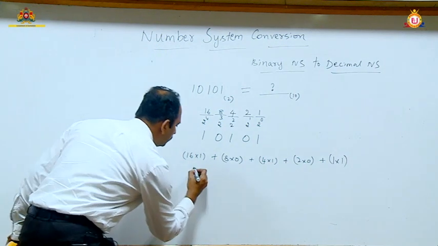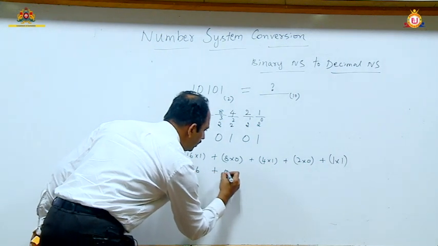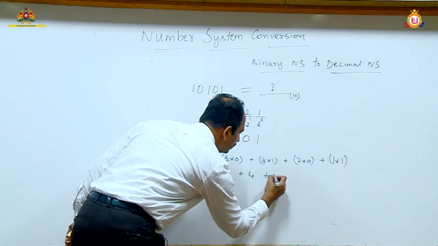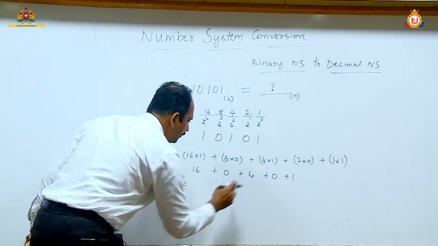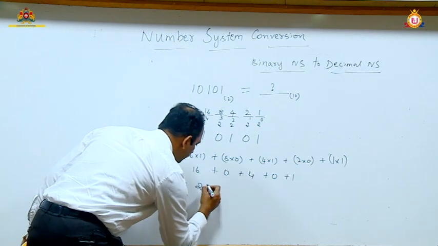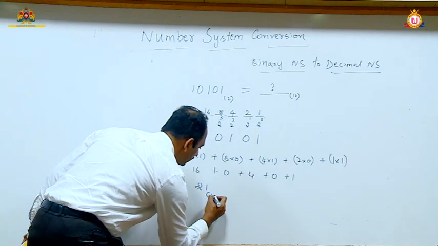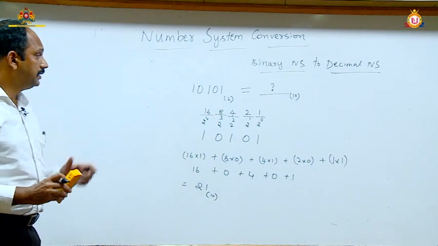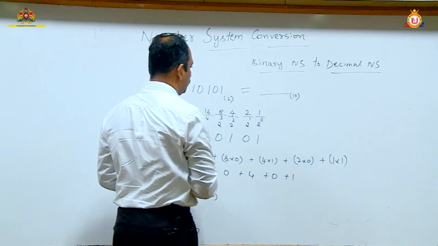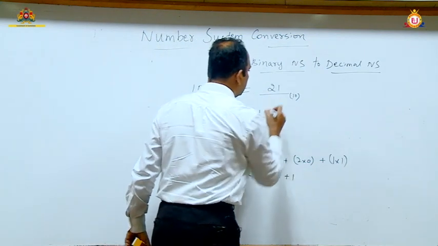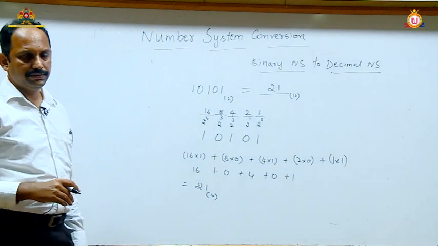Okay, so the numbers are 16, 0, 4, 0 and 1. 16 plus 4 is 20, plus 1 is 21. 21 is the decimal equivalent of 10101. Is this answer correct?